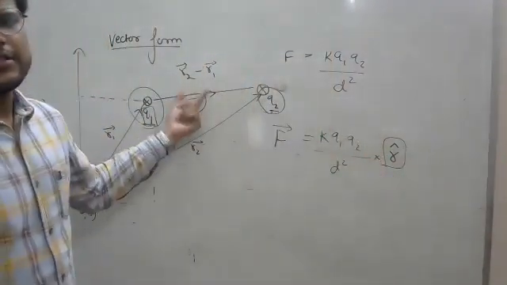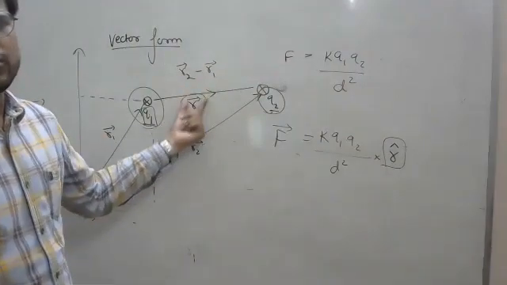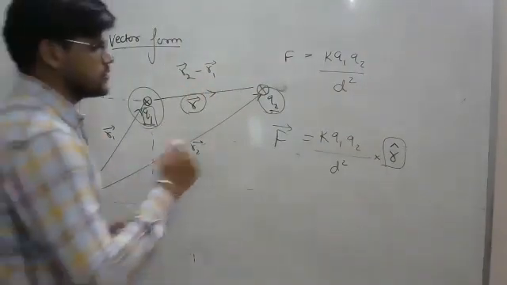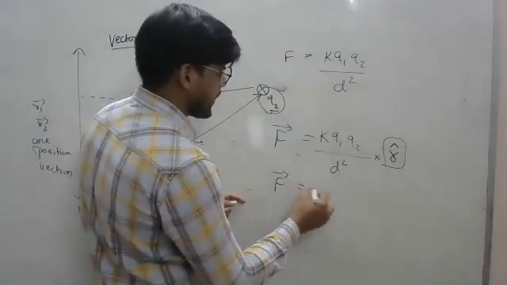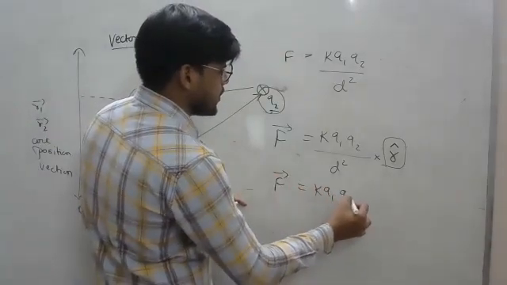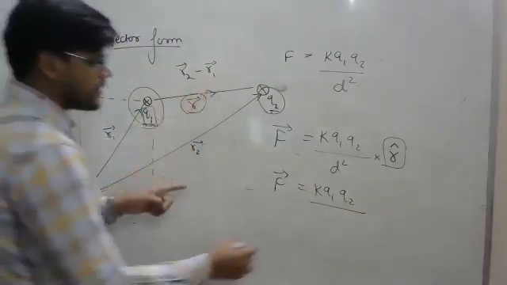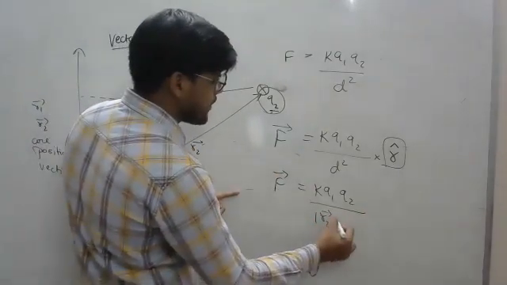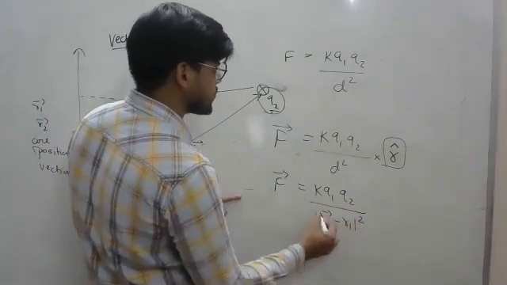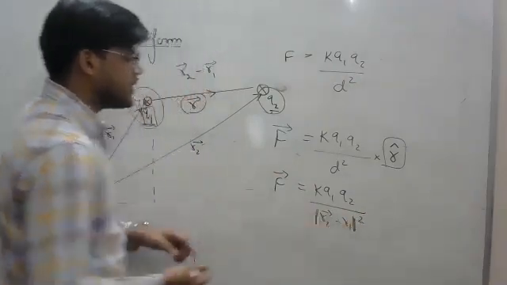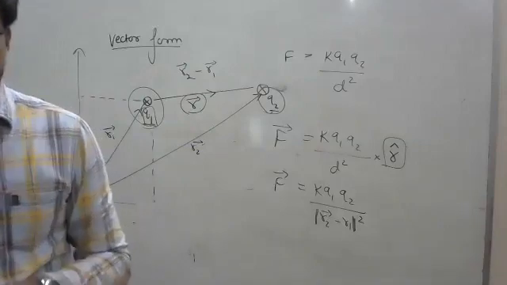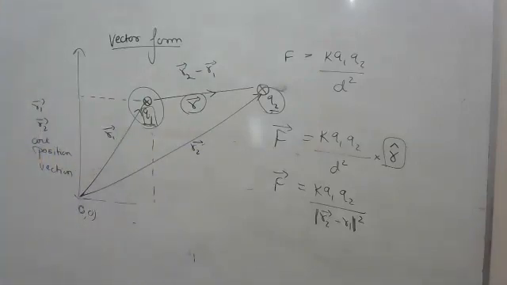And this R, we already solved into this form, R2 minus R1. K Q1 Q2 upon what will be the distance? The distance is magnitude of R2 minus R1, squared. Please understand, when they are asking you the distance, you cannot write that in vector form.